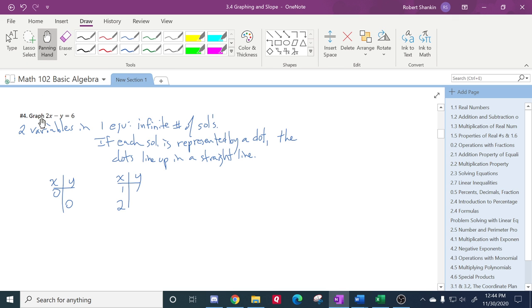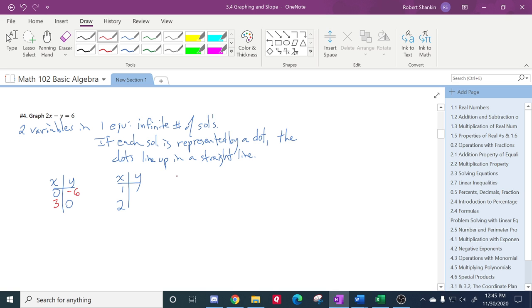now we do this thing, we cover up the x term when x is 0, and we look at it and we can immediately tell y has to be -6. We cover up the y, and we look at the equation and we say, oh, the x has got to be 3. Now similarly, we could have plugged them in.